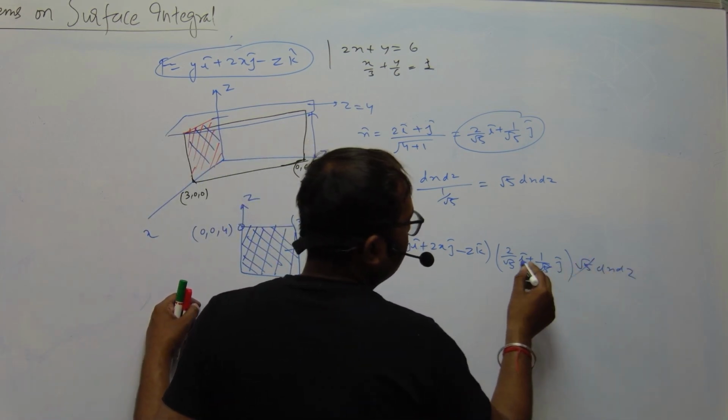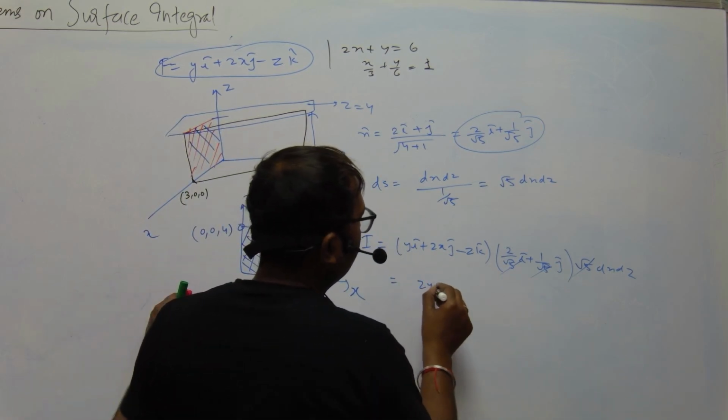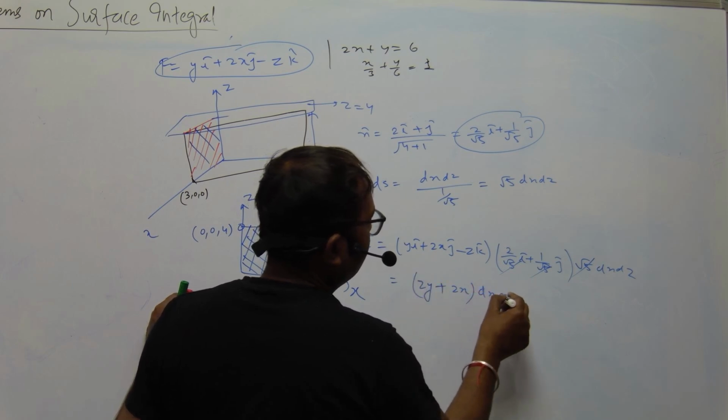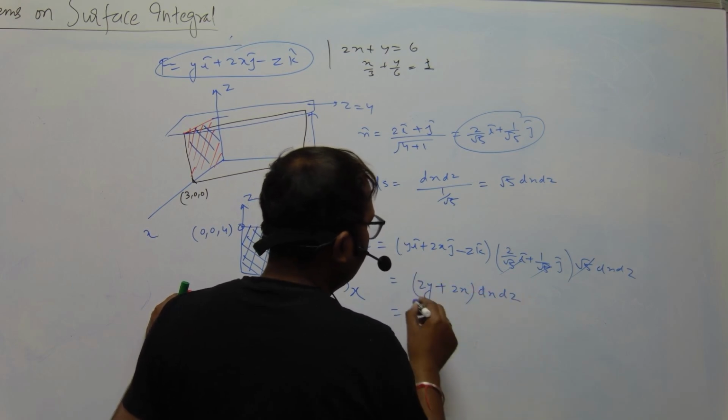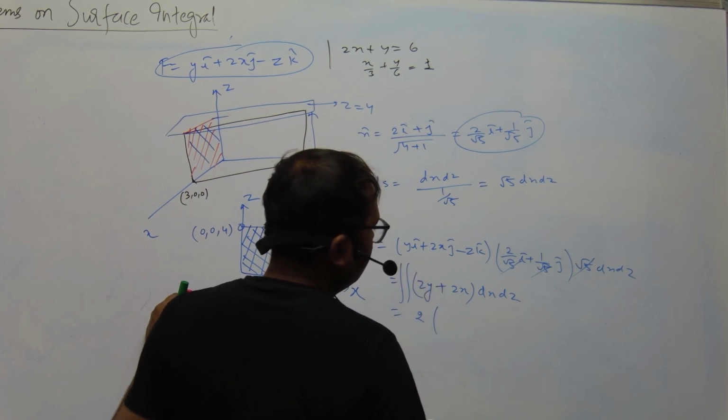Root 5 gets cancelled. This is equal to 2y plus x dx dz. Let's take 2 outside: 2 times x plus y dx dz.